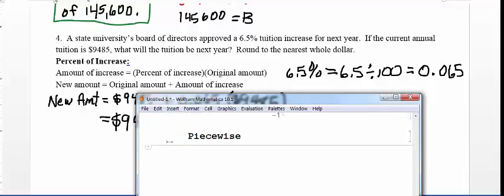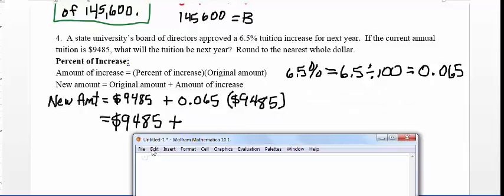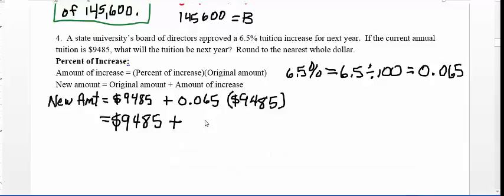So let's go to my calculator. I'm going to move some of these things out of the way, some of my things that I've used this calculator for previously. So I'm multiplying 0.065 times 9,485. And I'm going to round that amount of increase to the nearest whole.